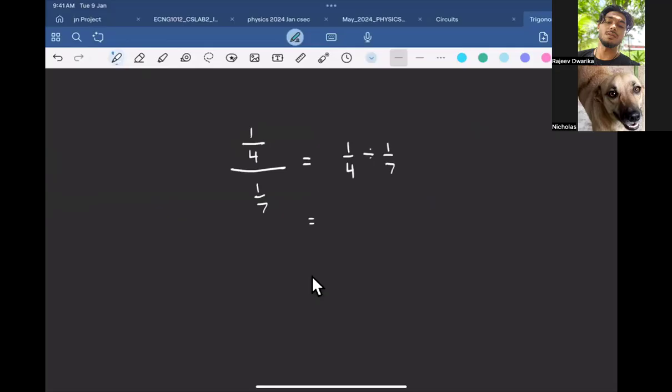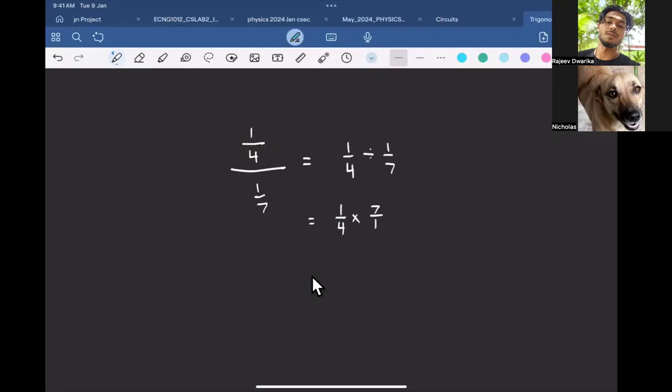The 1 over 7. This goes back to standard 5 maths. When you have two things being divided and you want to change it to multiplication, you flip the term in the denominator. So I would flip that 1 over 7 to 7 over 1.